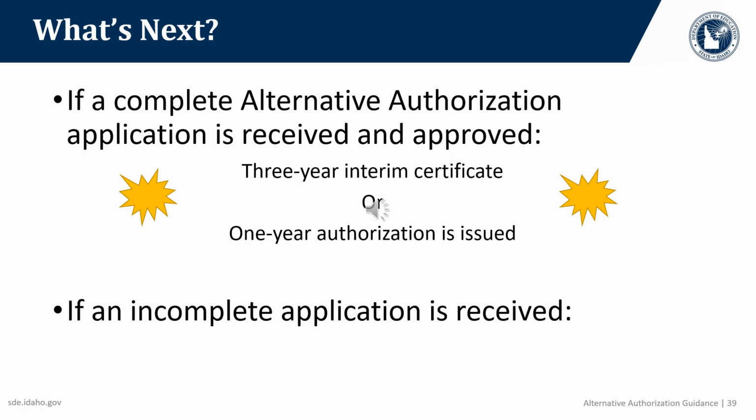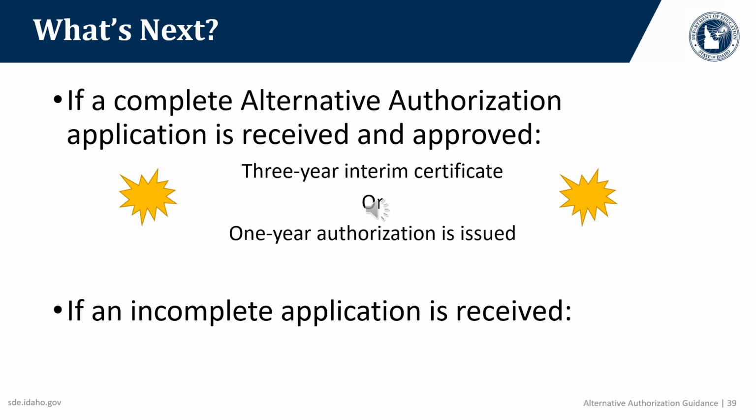So, what's next? If a completed alternative authorization application has been received and approved, both the candidate and the school will each receive one certificate outlining the candidate's specific conditions to complete. For those atypical applications, the applications will be presented to the Professional Standards Commission for approval.